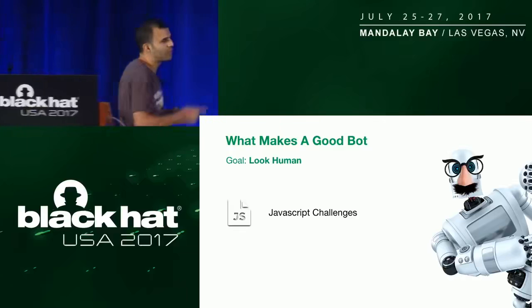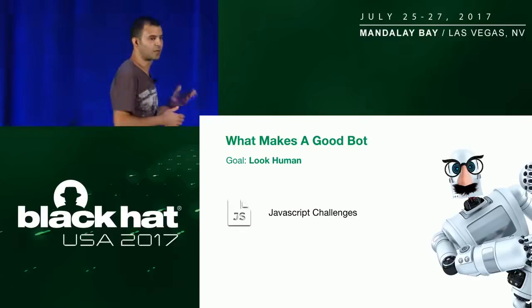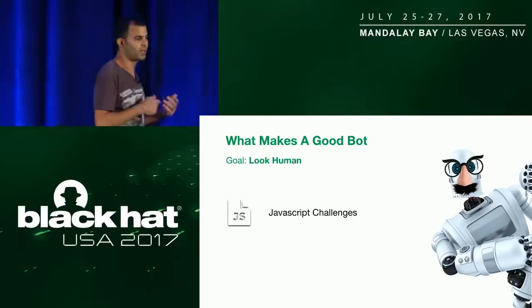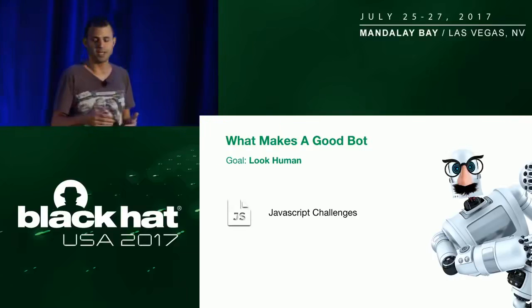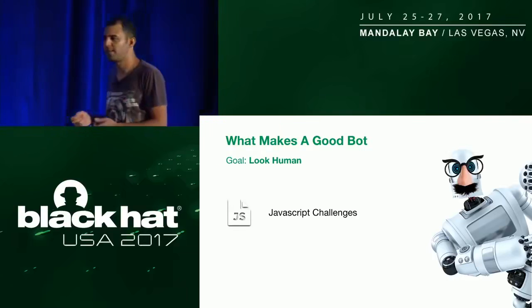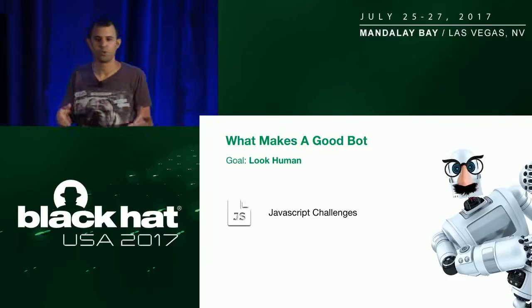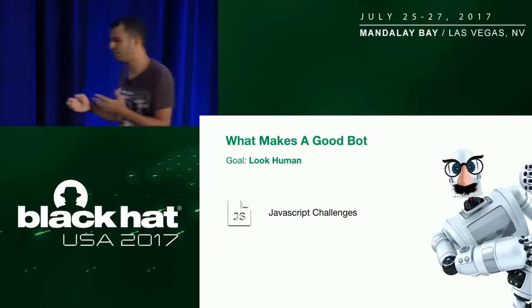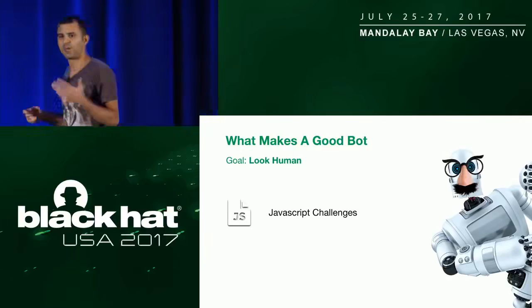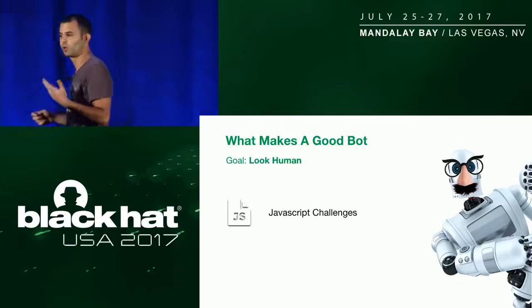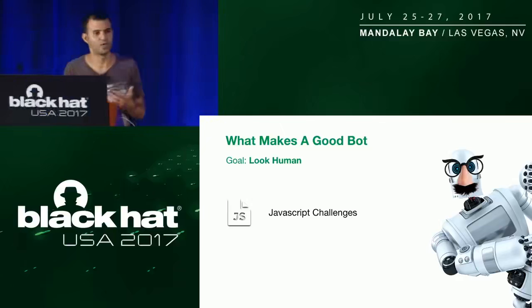Now, this problem is solved in our case, right? Because our bot is running as a Chrome extension, which runs inside Chrome. So you can give this bot whatever JavaScript challenges you want. It will cope with them successfully.